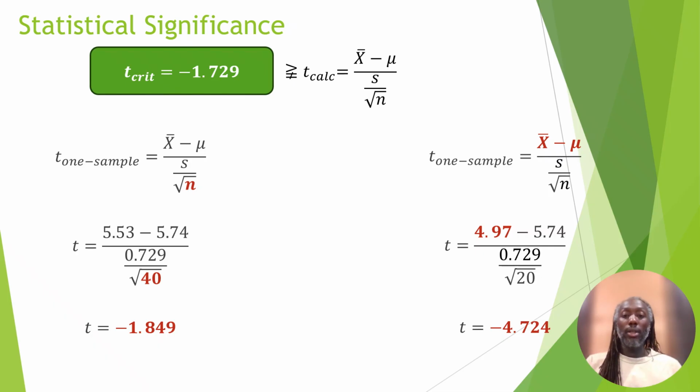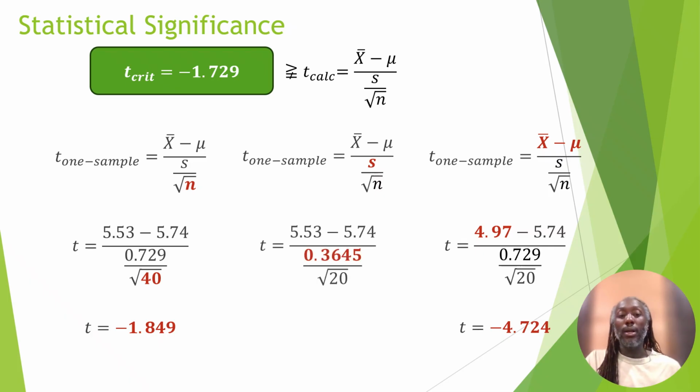The standard deviation is effectively the average distance of each observation from that mean. And so the smaller the standard deviation is, the more accurately the mean represents the population. So if we have a smaller standard deviation with the same values everywhere else, we could also find statistical significance, all right?